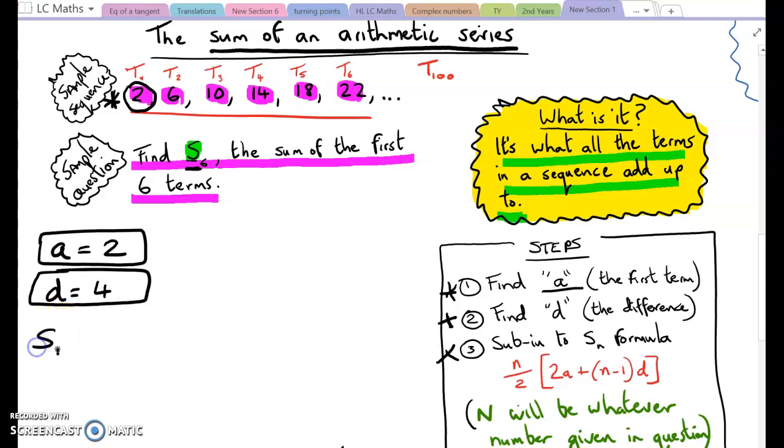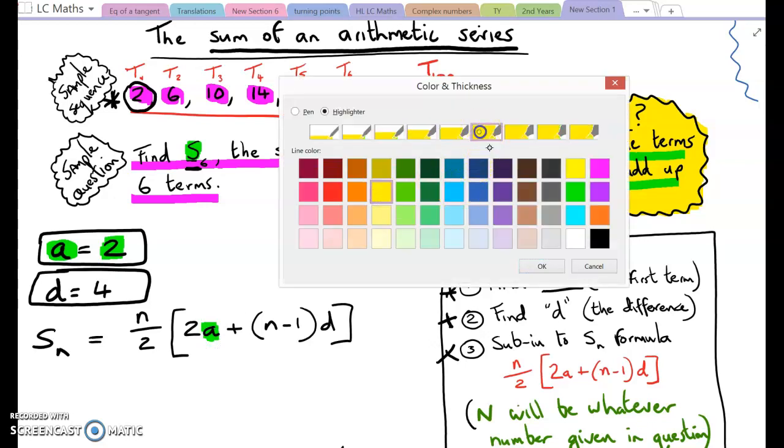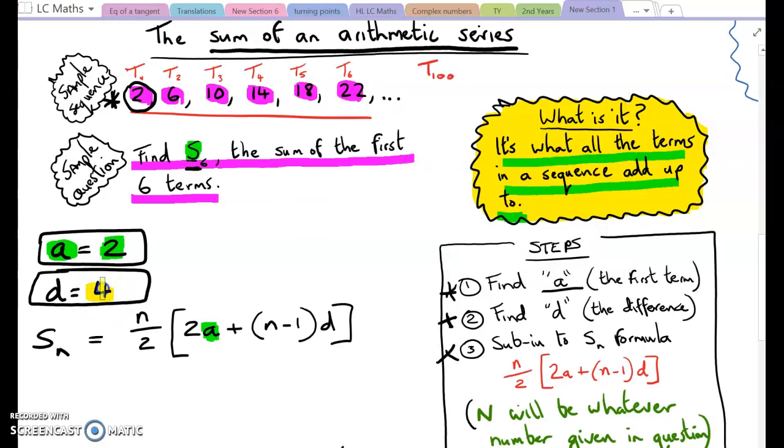So the Sn, the sum of the whatever term you're looking for, is n over 2, big bracket, 2a plus n minus 1 d. So we're going to sub in 2 for a, so 2 is going to go in there. We're going to sub in 4 for d, so 4 is going to go in there.